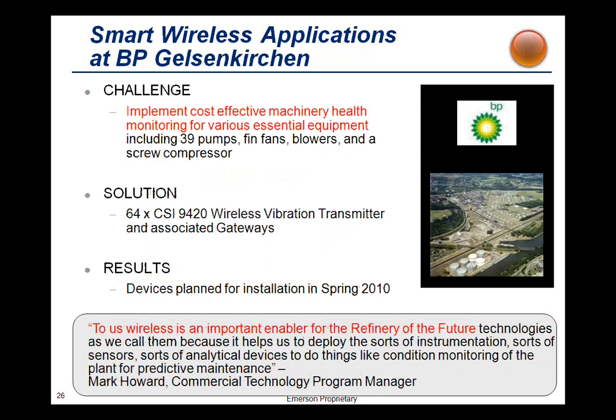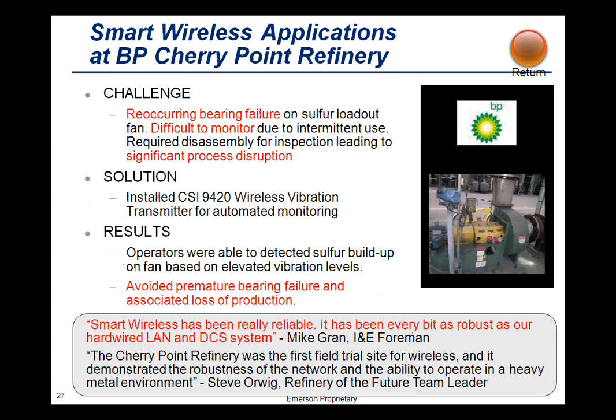Here they used the machinery health transmitter, or as we call it, the wireless vibration transmitter, to detect particular faults with pumps and fans and motors, as we spoke about before. Being able to detect a motor bearing well in advance.